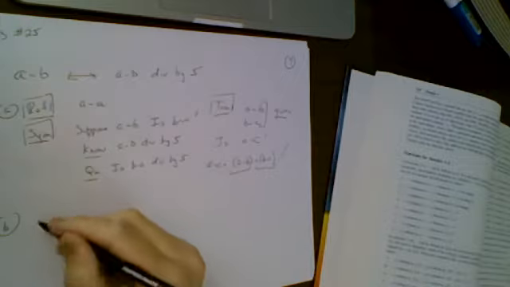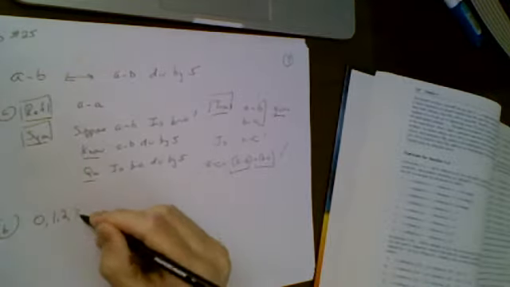Let's move on to the later parts of the problem. Part B, how many equivalence classes are there? Well, if you think about it, if you divide by 5, your possible remainders are 0, 1, 2, 3, and 4.